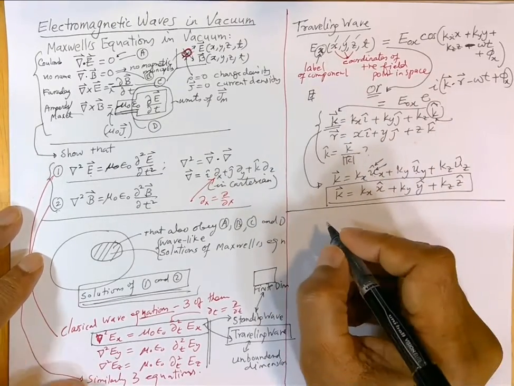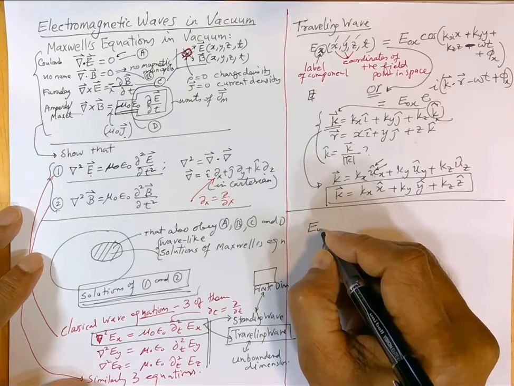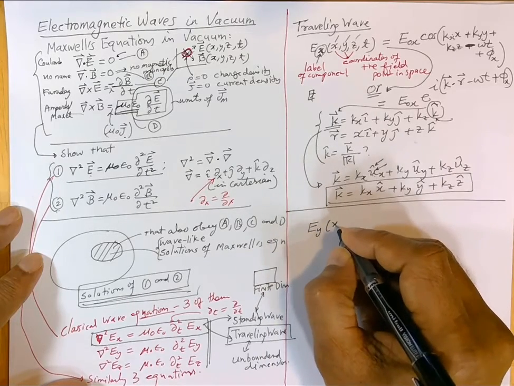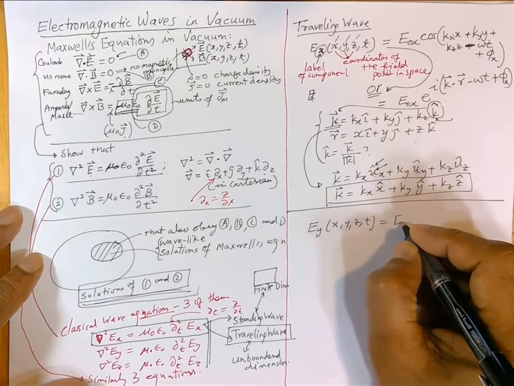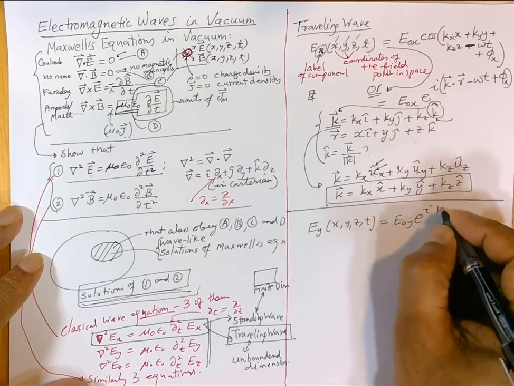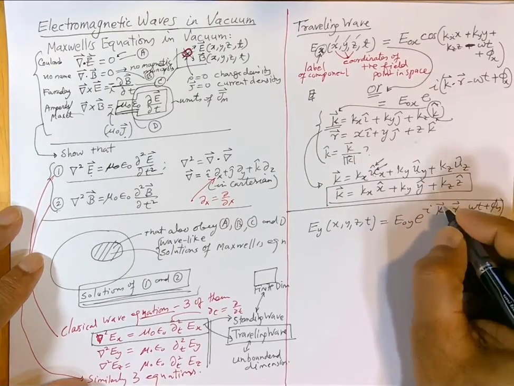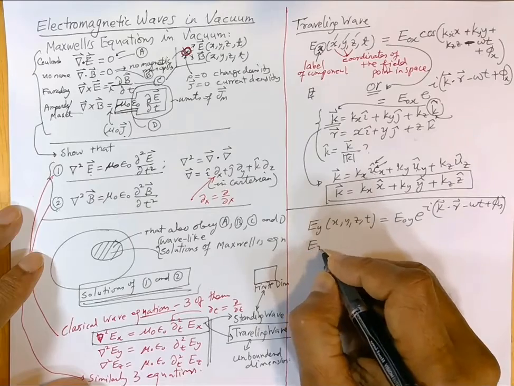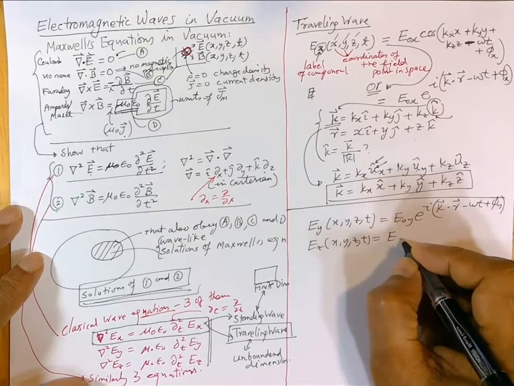All right, so we can write E_y similarly: E0y e to the power i (k dot r minus omega t plus phi y). E_z of x, y, z, t I can write the same way.